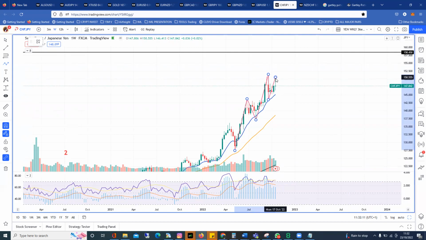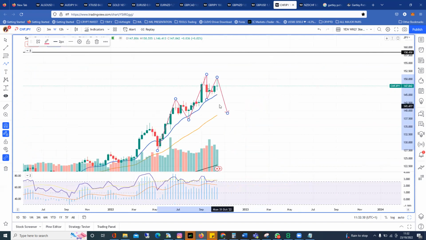If this is a lower high and then price wants to sell off, we can equally see that there's a risk of price declining against price going up, and breaking this low. And if we break this low, then we've accomplished a major move on the Swiss yen.